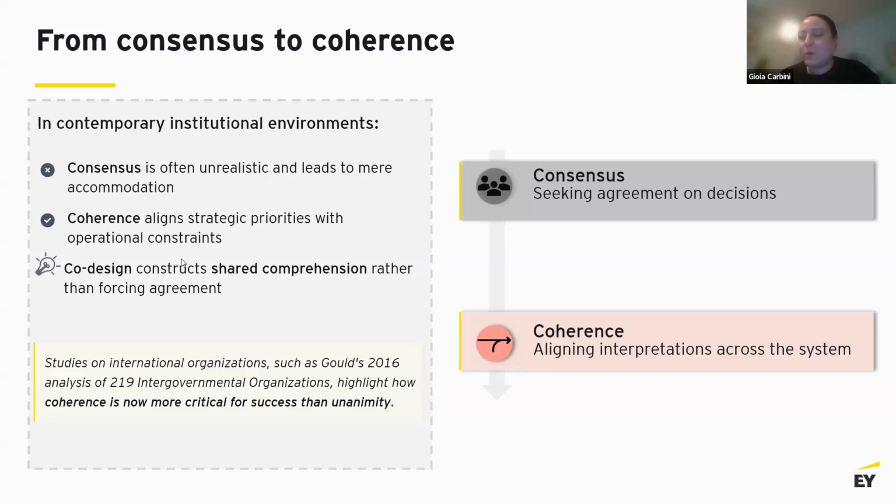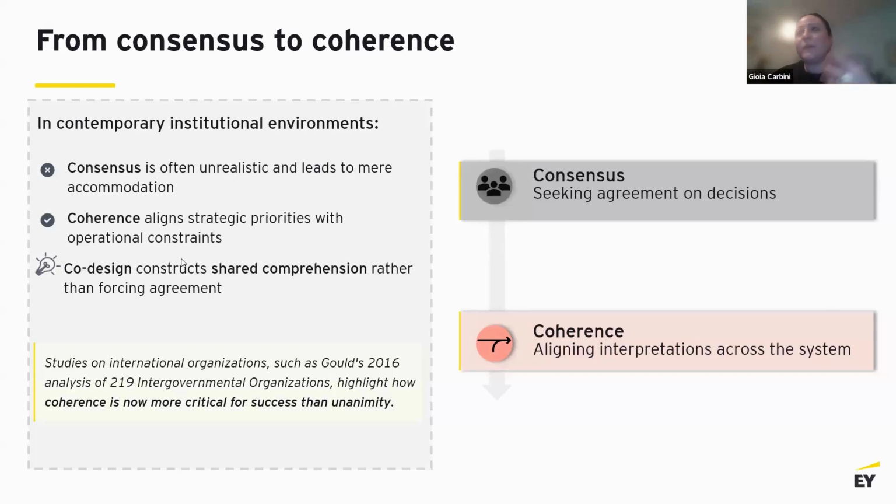And what institutions need is not necessarily unanimity, but more coherence between their strategic priorities and their constraints, between their ambitions and the true capabilities that they have, and between the perspective of those who will enact the decisions and the perspective of those who will suffer the consequences of the decisions, or will see the impacts of the decision you made.